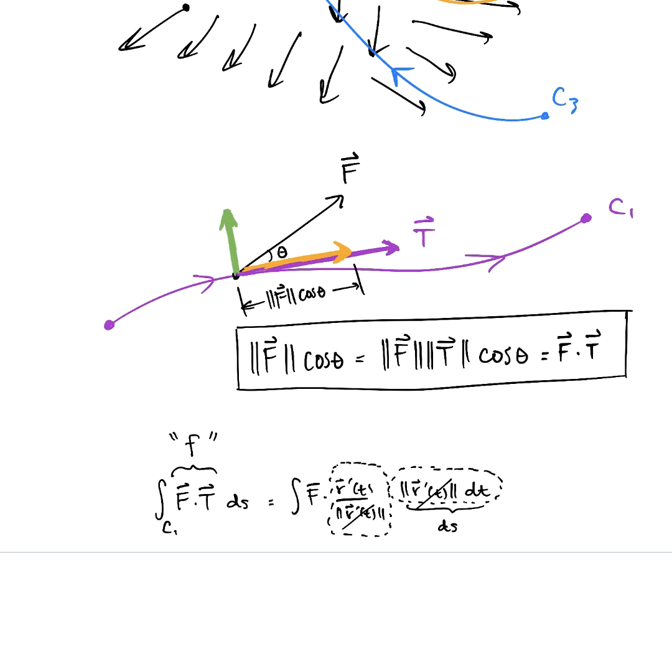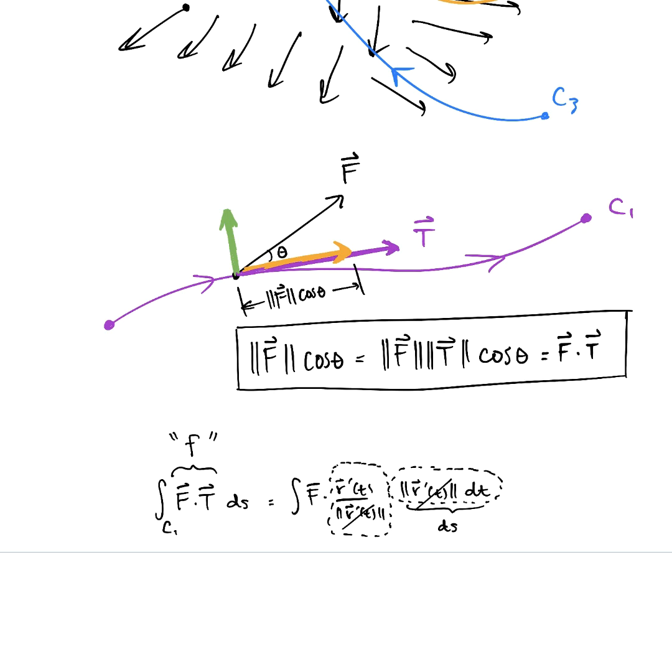That's a rate times a time, and that gives you a little bit of distance along the curve, which we called ds. So in the end, all you really have to do is take F, dot it with r prime, and integrate all that with respect to t.